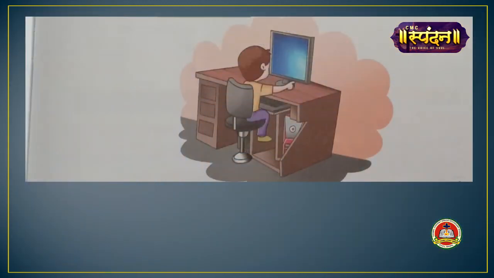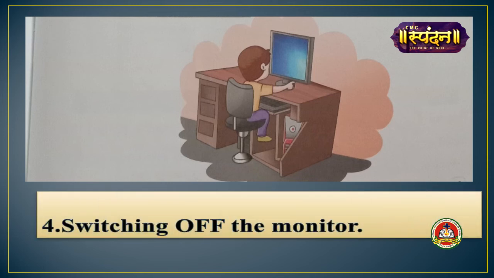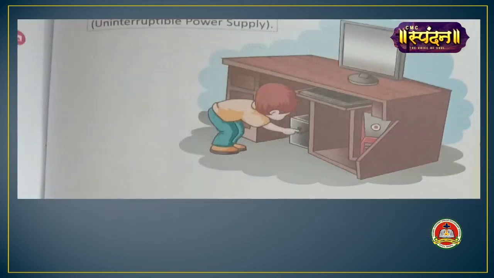Now the next step is that you have to press the button of monitor. You have to switch off the monitor, press the monitor button so that your monitor will switch off. Now next step which you have to follow is that you have to press the button of UPS. UPS means uninterruptible power supply.